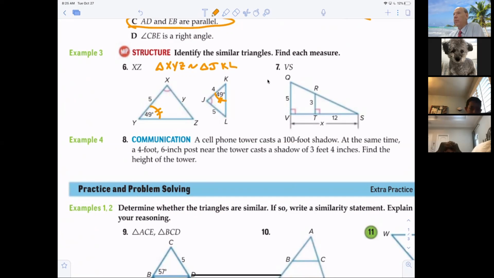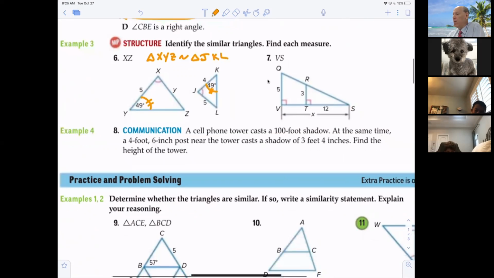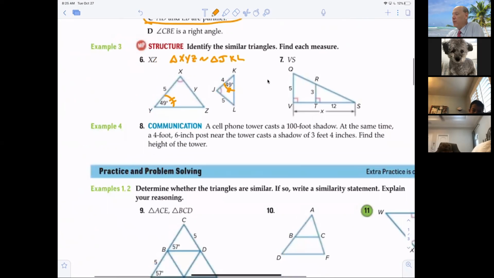Everybody okay with that? All right, so now I like to write the proportion with one triangle. So I say 5 over Y. And the reason why I do that is because to me, it just is easy. So XY corresponds to what? XY, look at the similarity statement.